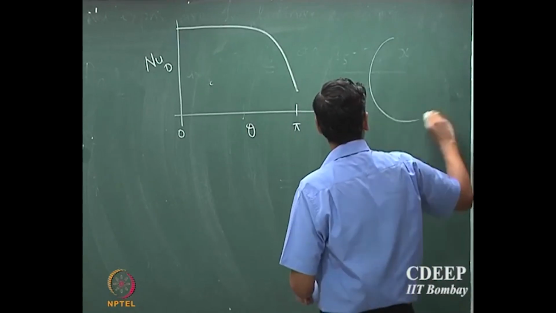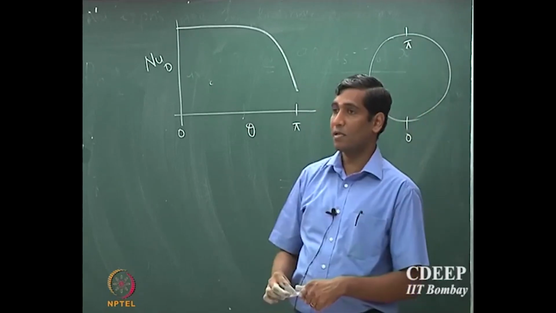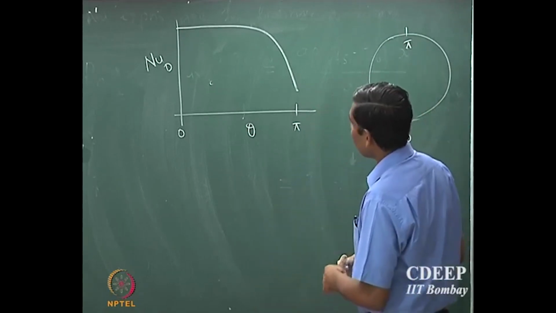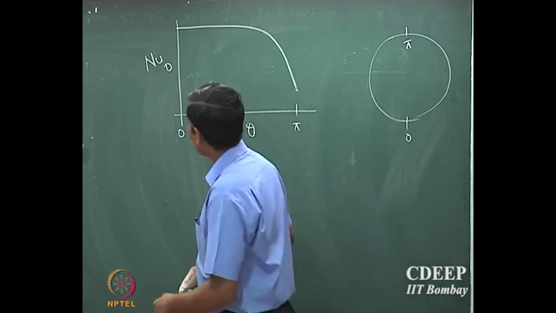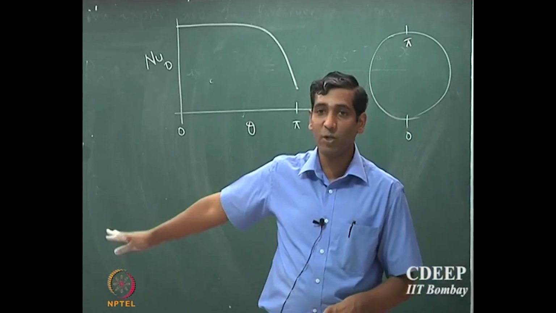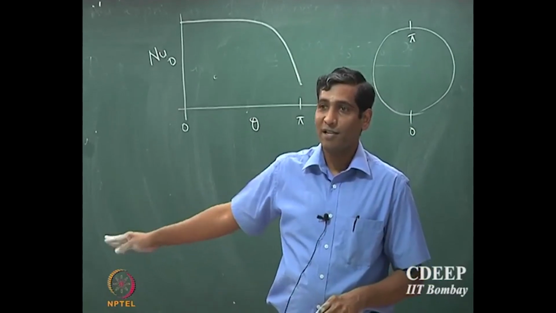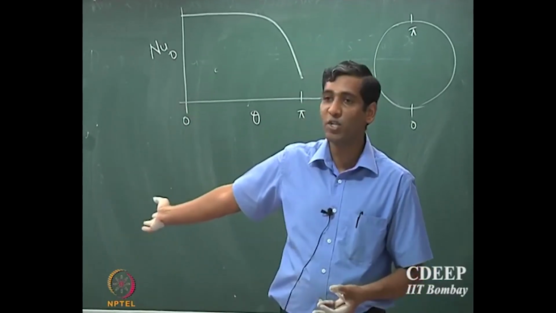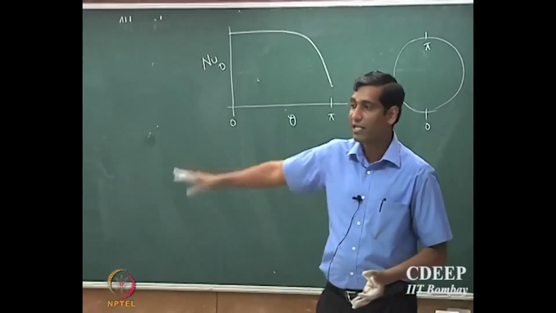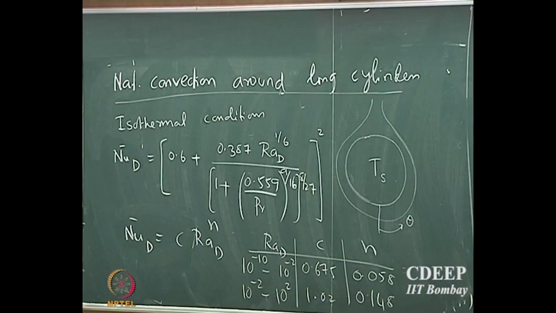Remember that theta 0 to pi goes from, this is 0 and pi is here. So, that is the kind of profile for the Nusselt number that you would expect, and once again I do not expect you to remember these expressions, and in fact you would not be expected to remember them even in future when you have to use them in real systems. These expressions are always cataloged in several books and are always available to you, but it is important to know how to use these expressions and what is the value behind them.